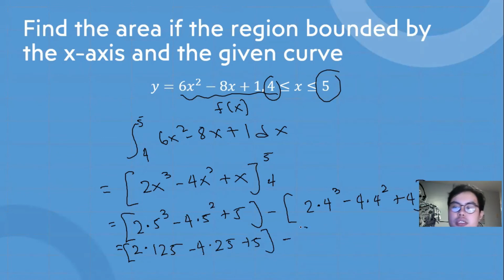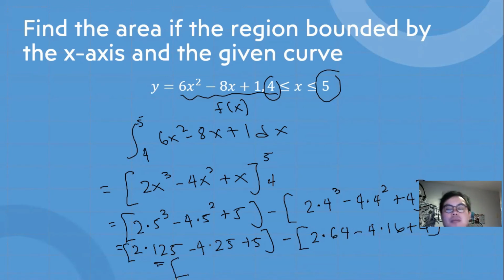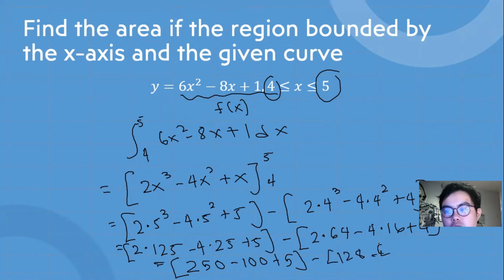Then, minus yung 4 cubed magiging 64. Then, 4 squared magiging 16 plus 4. So, simplifying po. So, multiplying po muna tayo bago mag-subtract. So, 2 times 125 will become 250. Tapos, 100 plus 5. Then, minus 128 minus 64 plus 4.